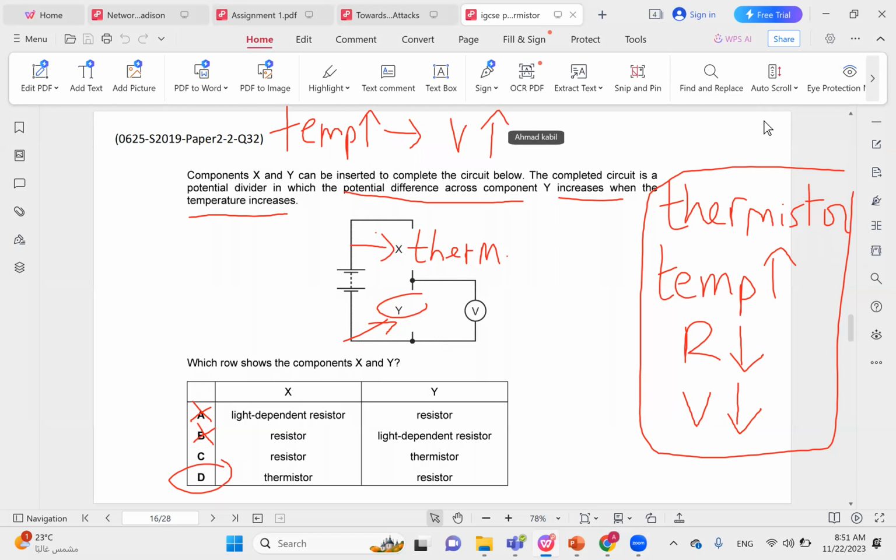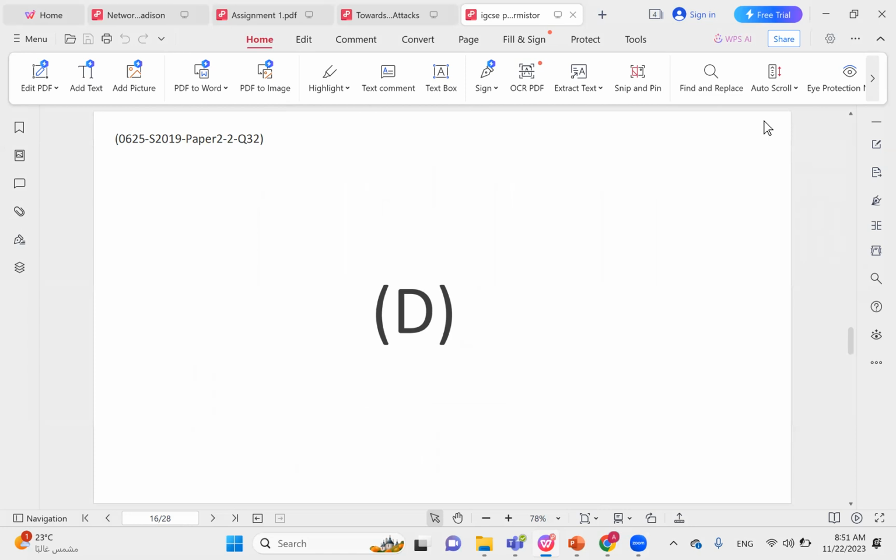So I just need to compare this to what should normally happen if I use a thermistor. If I use a thermistor, when the temperature increases, the voltage decreases. So I cannot measure the voltage across the thermistor itself. I have to measure the voltage across the other component. So therefore, if the voltmeter is measuring Y, I need to put the thermistor in X, not Y. So the correct choice is D.